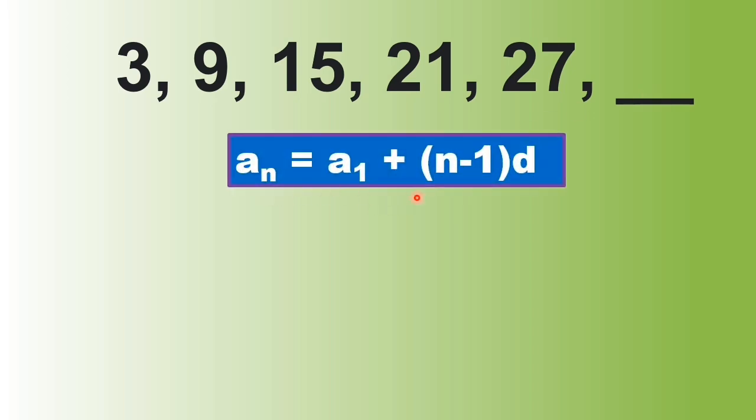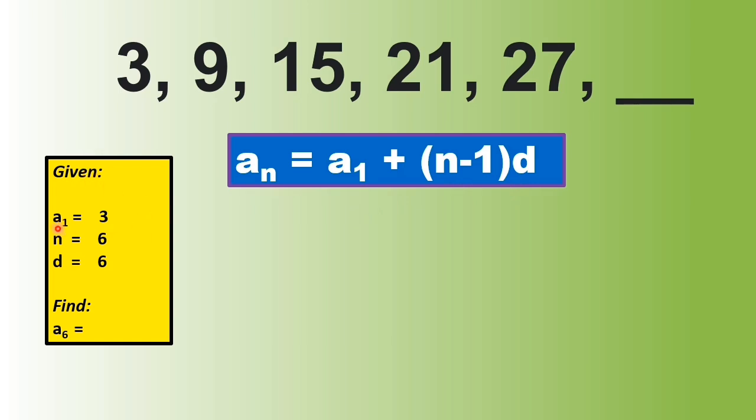For example, find the a sub 6 or the sixth term by using the formula. So we have here the given a1 is 3, the number of terms is 6, 1, 2, 3, 4, 5, 6, and the common difference is 6. 9 minus 3 is 6.